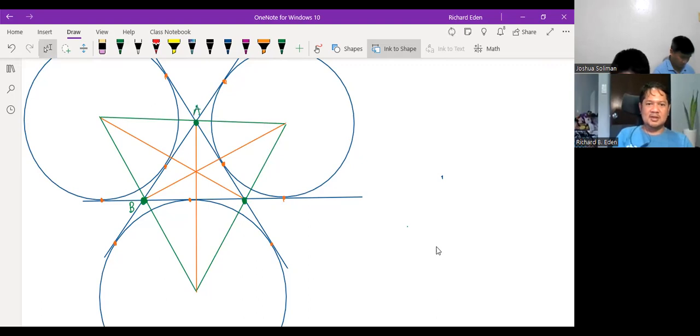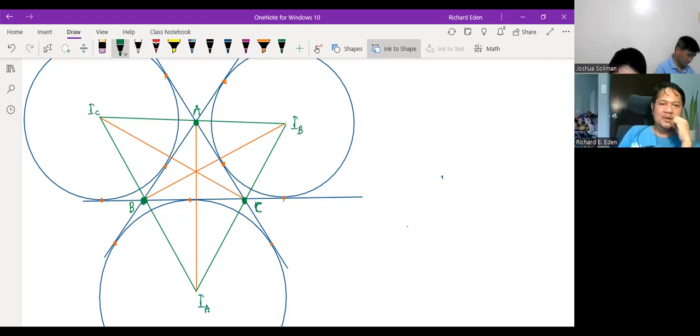A, B, C. And this is I sub A, this is I sub B, and I sub C. This is the external angle bisector of B, this is the external bisector of A, and the external bisector of C.